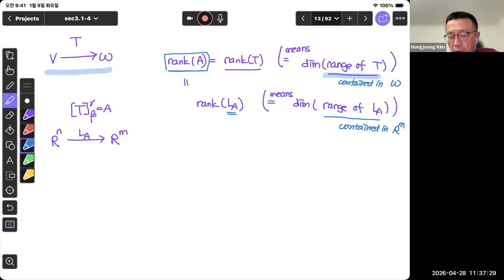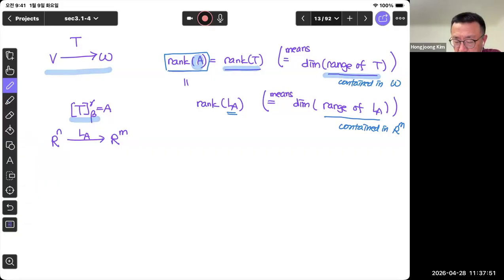That will be the rank of T. But the theorem says this rank of T will be the same as rank of A if I define this matrix by A.